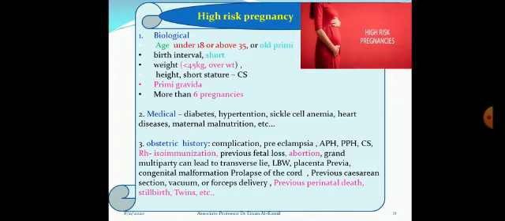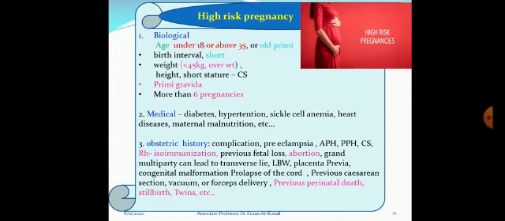So these are the biological causes, while the medical causes include any woman who has diabetes or hypertension or sickle cell anemia or heart disease or malnutrition. There are a large number of medical causes which put the woman at risk of having complications during pregnancy or delivery. Also obstetric history.